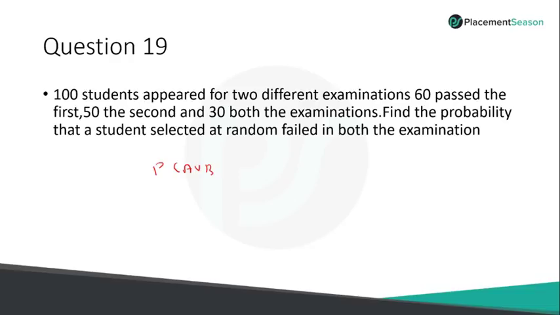A union B equal to the formula P of A plus P of B minus P of A intersection B. So this is totally 60 passed and 50, and 30. Adding these we'll get the answer as 80, correct? So 80 passed in at least one exam.